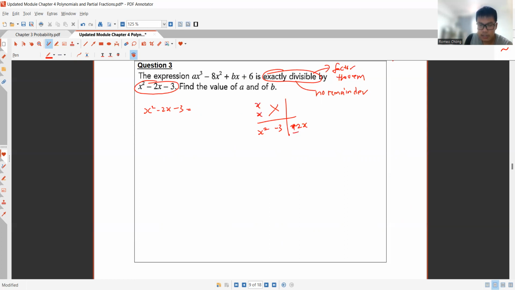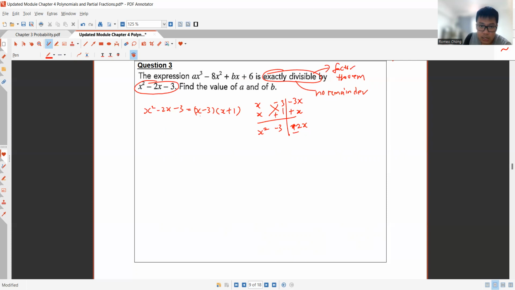So x times x gives x squared, and 3 times 1 is 3, so 3x and then x. If you want to get negative 2x, here should be negative and here should be plus. Negative 3x plus x, you get negative 2x. So my factorization will be x minus 3 and also x plus 1.